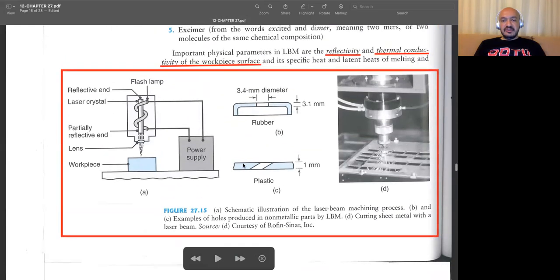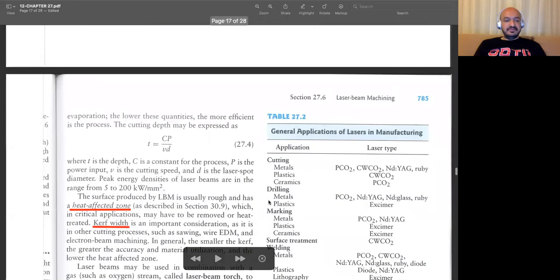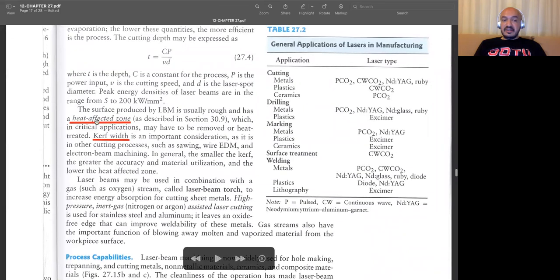If you rotate the head of your laser, then you can have such angled holes easily machined. You can work on non-metal parts, so it doesn't matter. And since the temperature is quite high, we are evaporating the material.